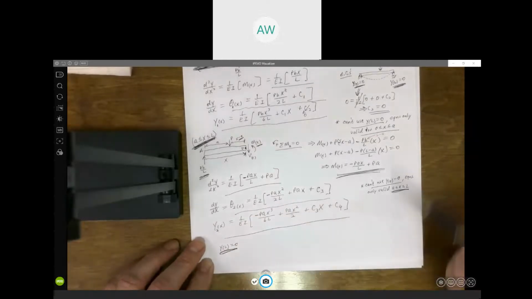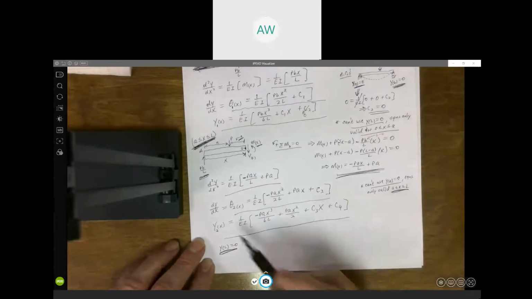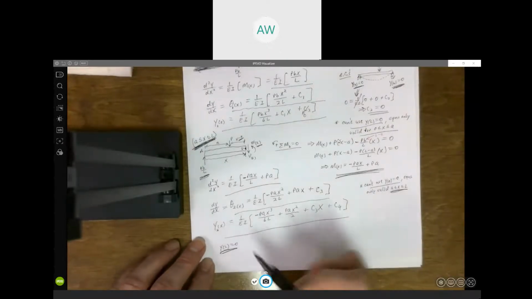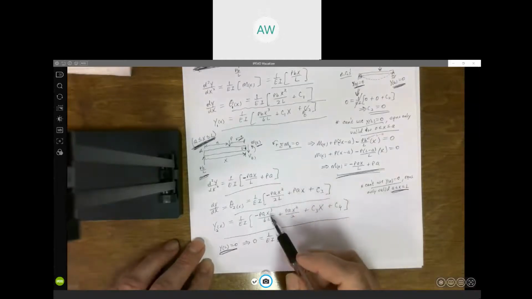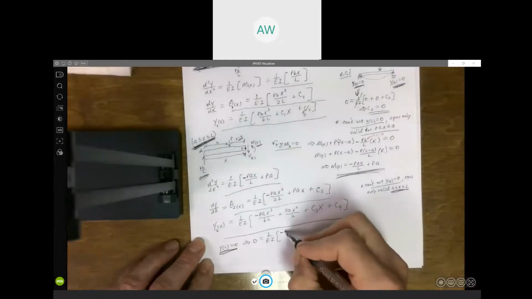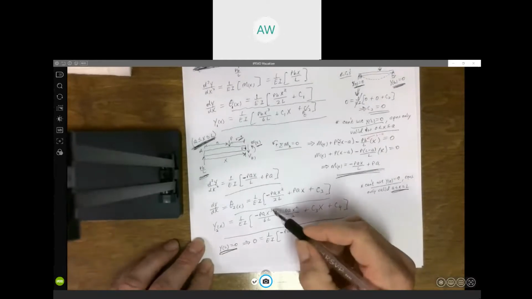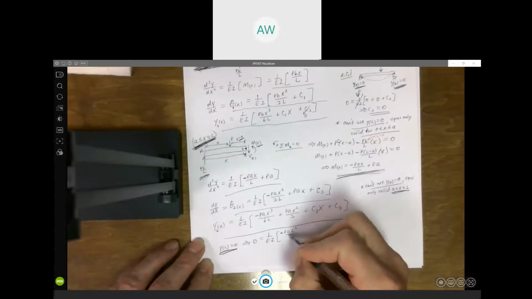Right, I know when x is L, y is 0. So I'm going to plug 0 in here for y. And now I'm plugging L in here for x. So I get minus PA. I'm going to have L cubed over L, so I'm going to wind up with L squared.